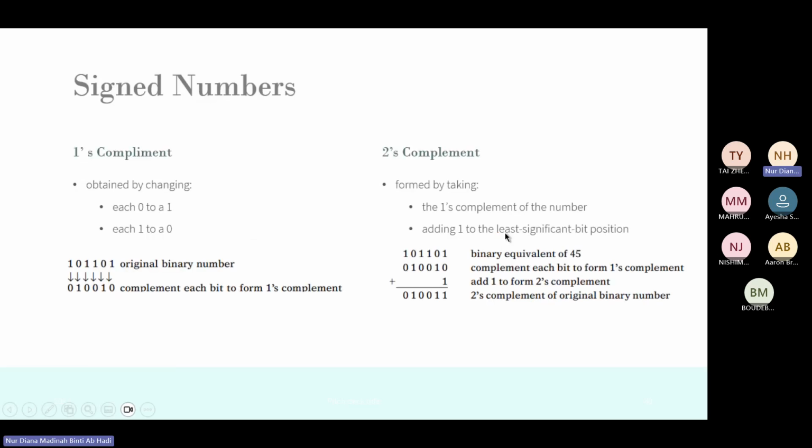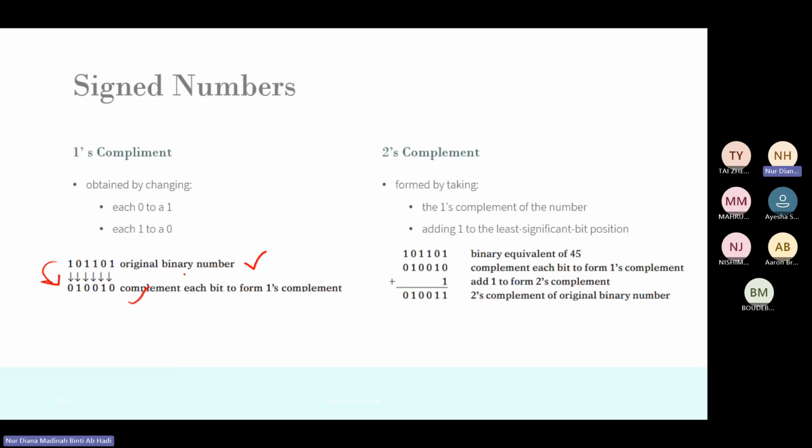So next, the signed numbers. First complement can be obtained by changing 0 to 1 and 1 to 0. Usually we make it the reverse value of your original binary number. As you can see in the example here, 101101 is the original binary number. When we do the complement for each bit, where we change 0 to 1 and 1 to 0, this would be the first complement.